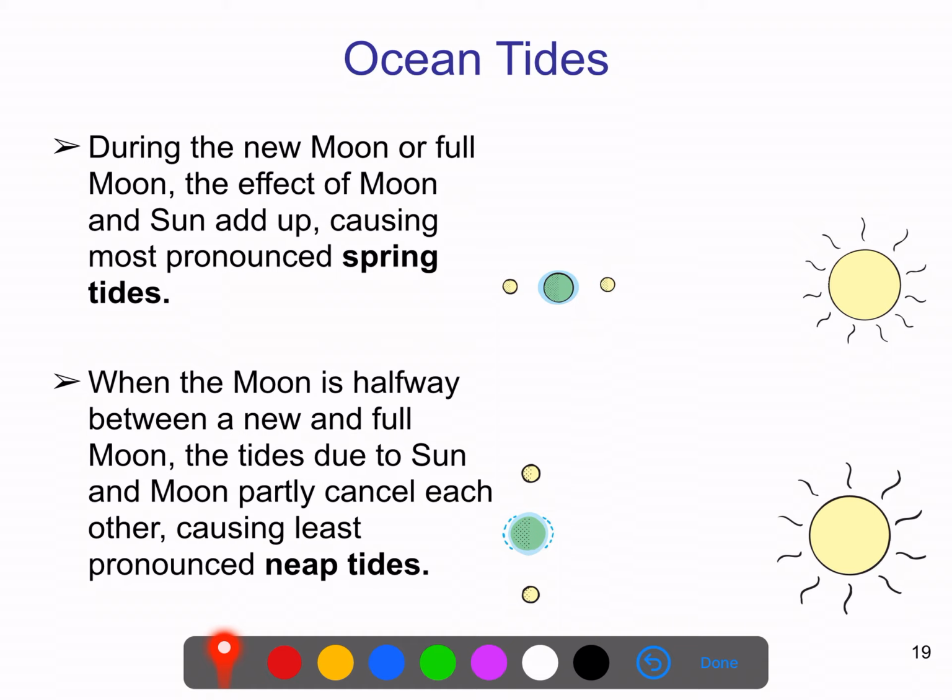At those two times of the month, which is approximately every two weeks, then the tides will be emphasized because the sun and the moon are working together to produce more of a bulge here by this different amount of force on both sides of the Earth.